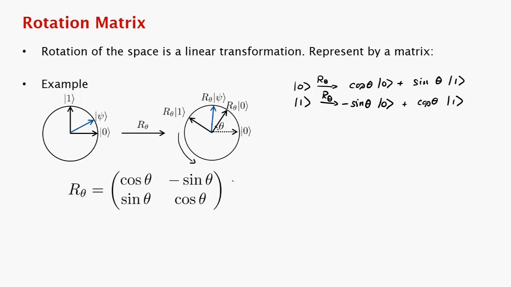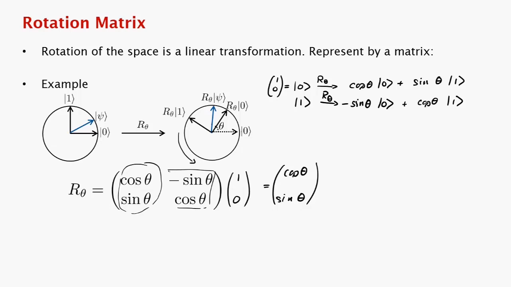Because when we ask where does the state 0, which is in our standard vector notation 1, 0, get mapped to, well, this picks out the first column of this matrix, cosine theta sine theta, which is exactly what we had there. And if we had 0, 1, then that would pick out the second column of the matrix.